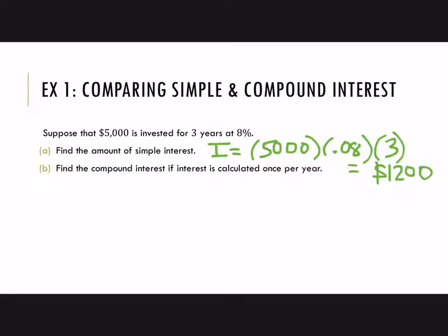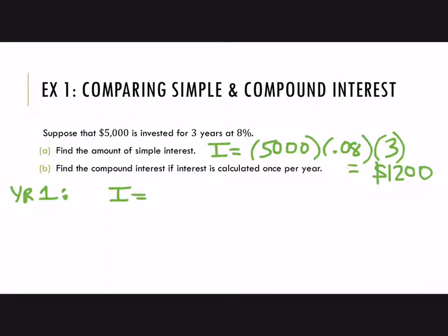Now let's find the compound interest if interest is calculated once per year. And hopefully this gives you an idea of how this type of interest works. At the end of the first year, let's make that calculation. So year 1, and let's calculate the interest. We still use I equals PRT.